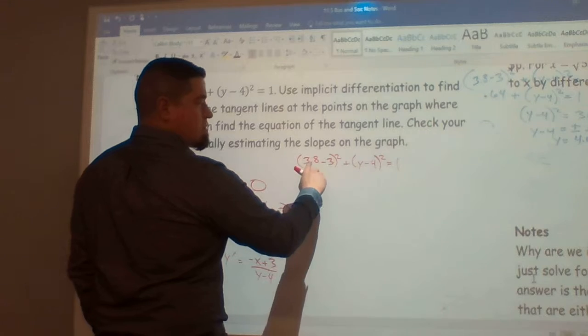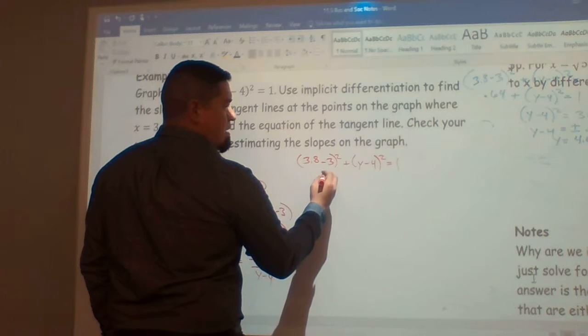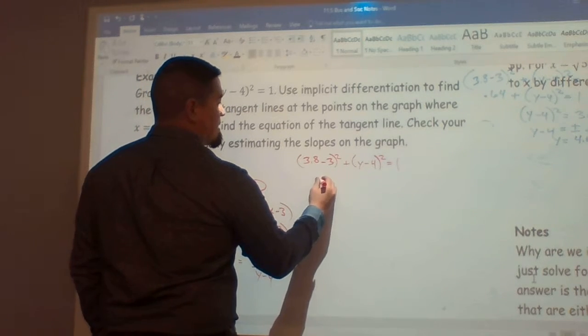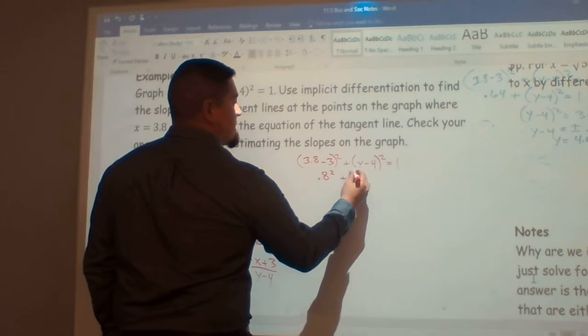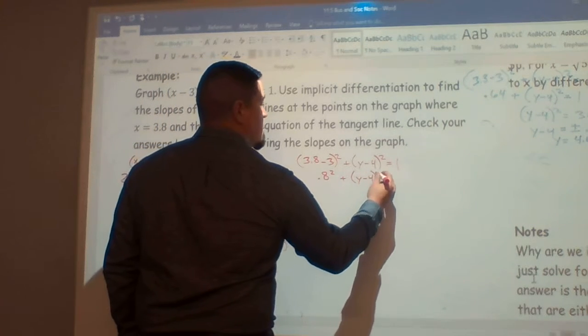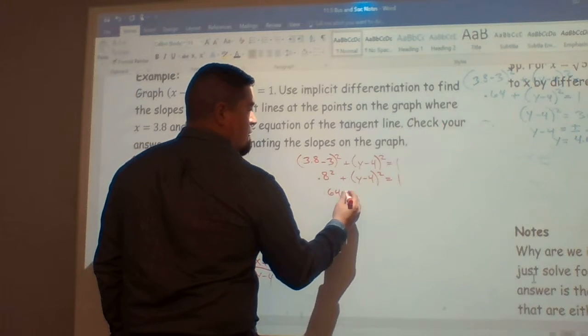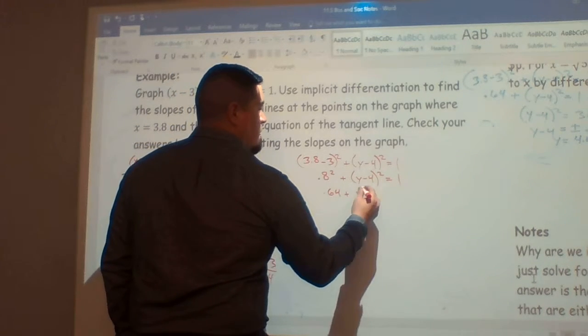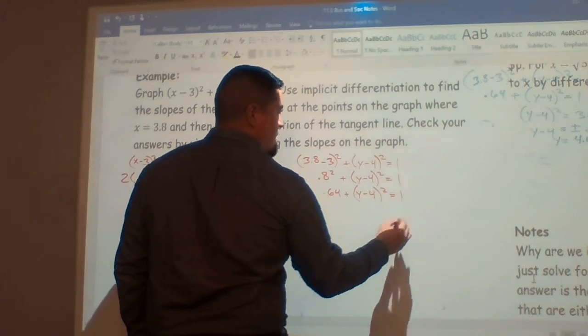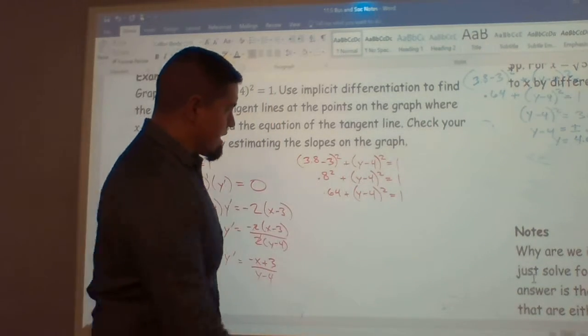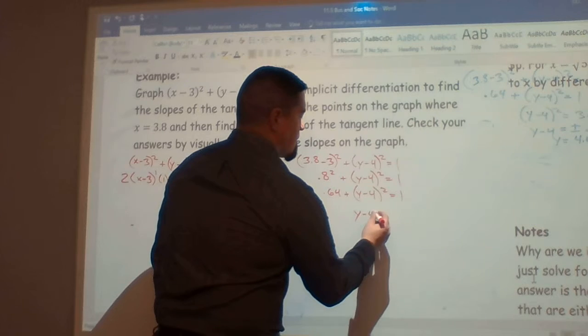We're going to figure this out. So 3.8 minus 3 would be 0.8 squared plus y minus 4 squared equals 1. 0.8 squared is 0.64 plus y minus 4 squared equals 1. Subtract 0.64 from both sides.